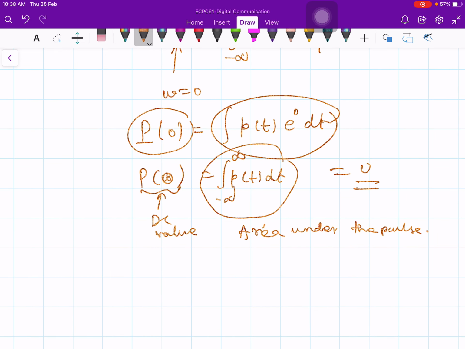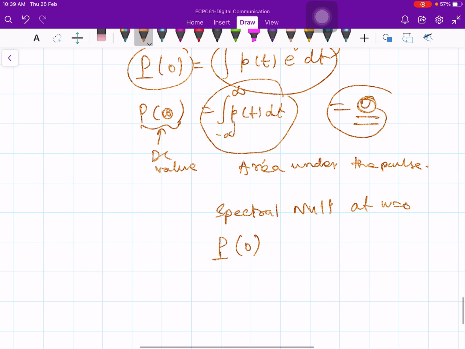At omega equal to 0, I will denote by P of 0, capital P in the transform domain, and this must be equal to 0, null. Therefore, you design a pulse shape such that the area of the pulse shape over one period is 0, and you can extend this concept to many periods.